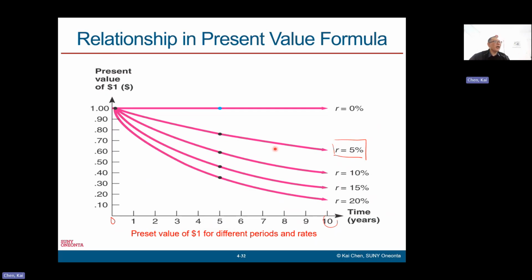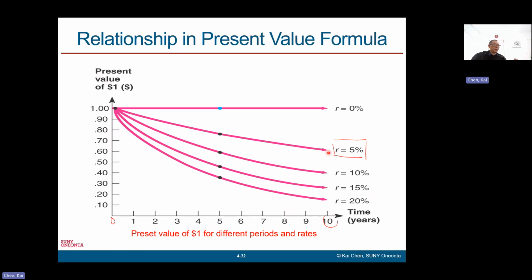As your holding period gets longer and longer, the present value would be smaller and smaller. Usually I call this the present value profile. We call this curve the present value profile.